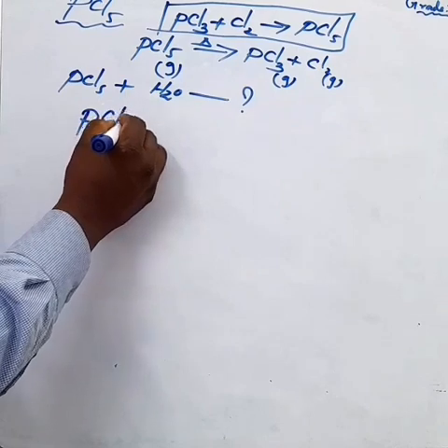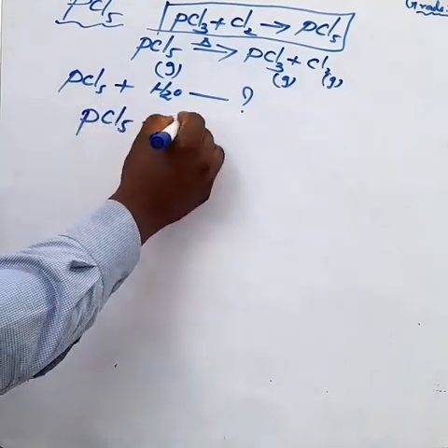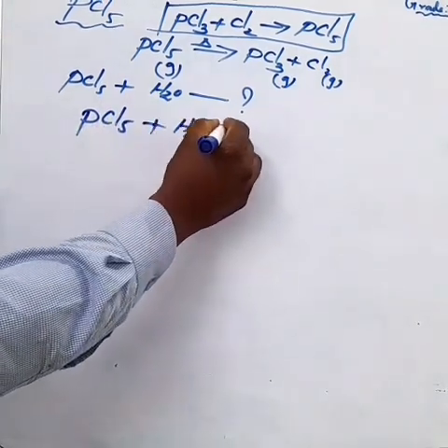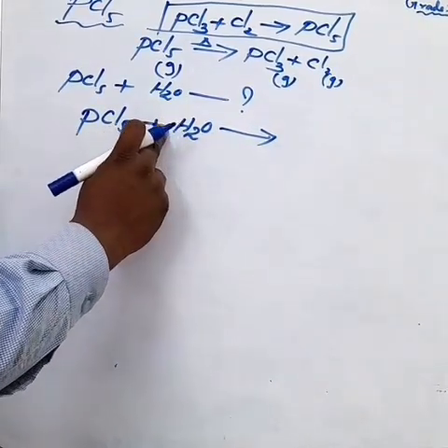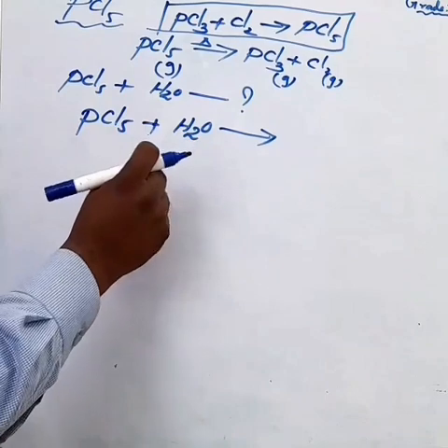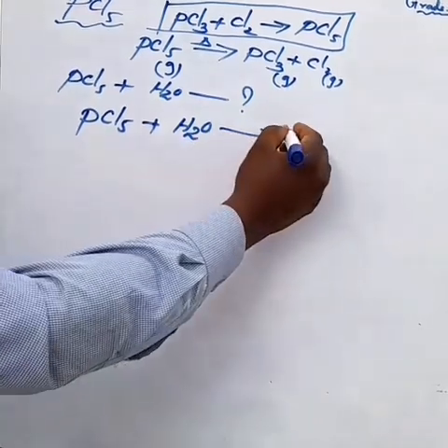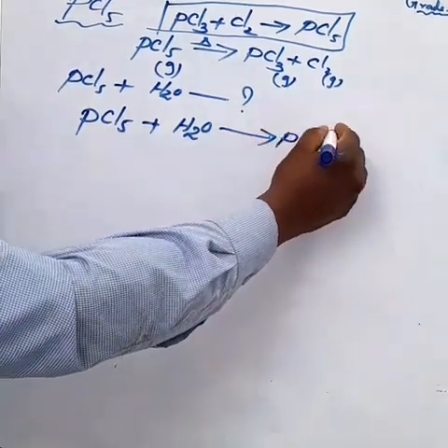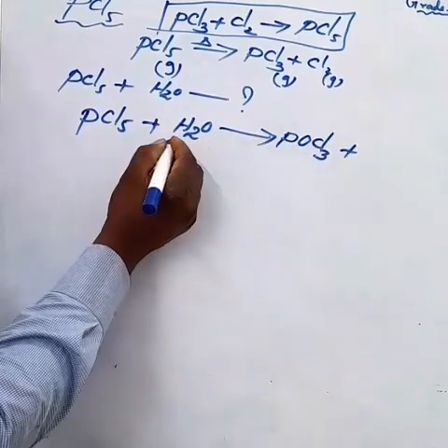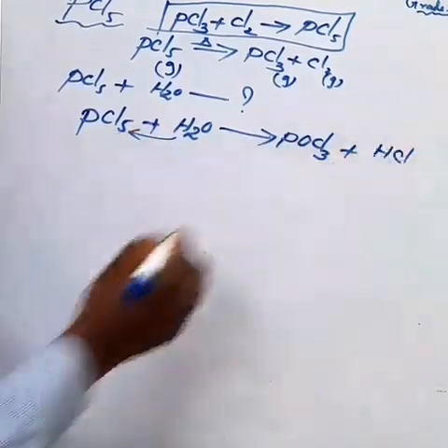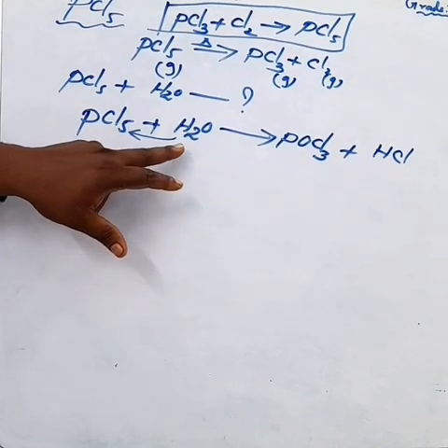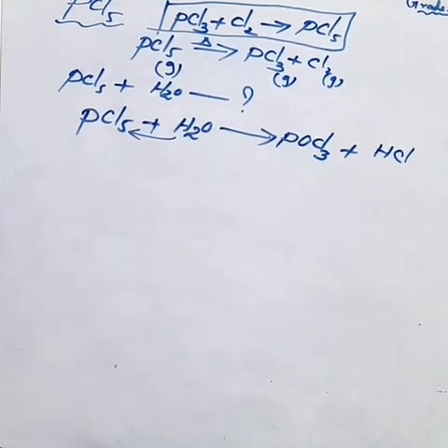This PCl5 reacts with water, H2O, and we get POCl3, that is phosphorus combines with oxygen. POCl3 plus one of hydrogen combines with the chlorine, we get HCl.